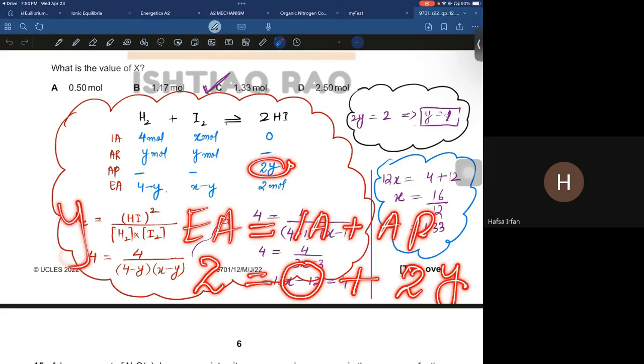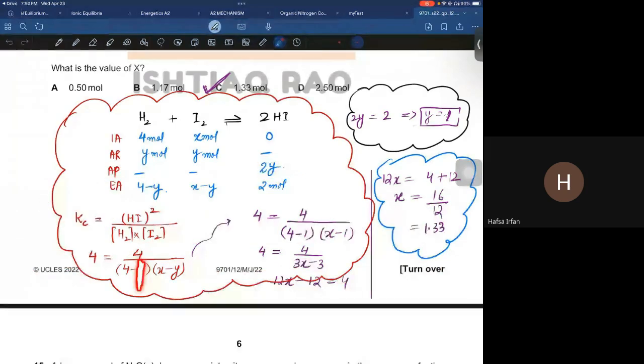I have found Y, that is 1. Then I put this 1 here: 4 minus 1, that is 3. Then 3X and then 3Y, which I multiplied with this 4. Then I got X, because after finding out the value for Y, you can solve this equation.